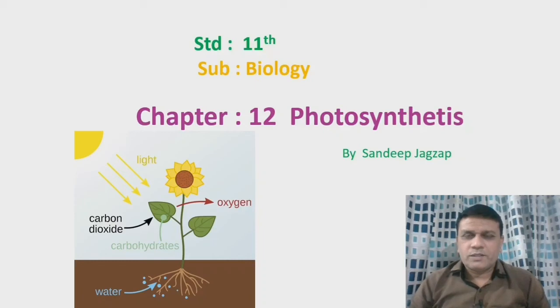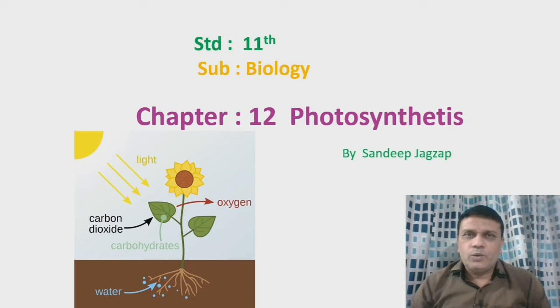Hello students, in previous sessions you have learnt regarding the structure of chloroplast, then the nature and role of light. Then in light reaction you have seen two different types of photophosphorylation processes, that is cyclic photophosphorylation and non-cyclic photophosphorylation.